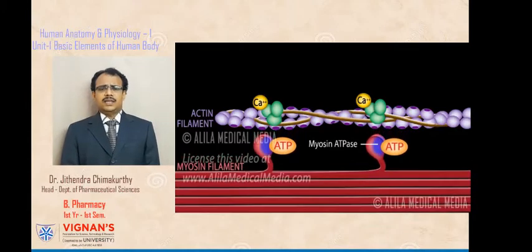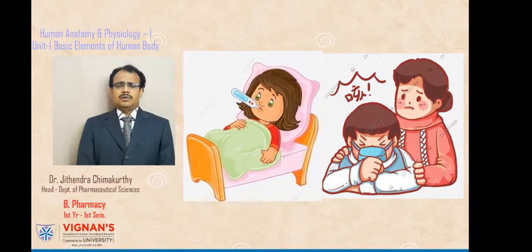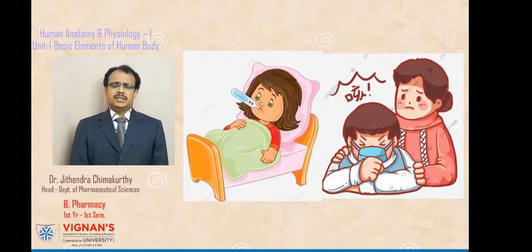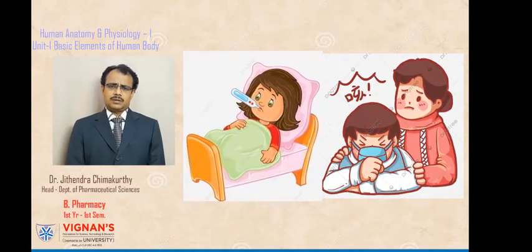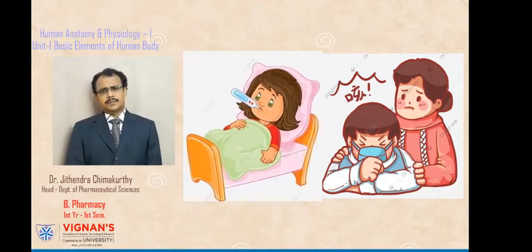Whereas in any disease, we also will be studying what will be the changes in the structure of the organ in the case of any abnormality which leads to a disease. Here we will be studying about the disease and its impact on the organs.